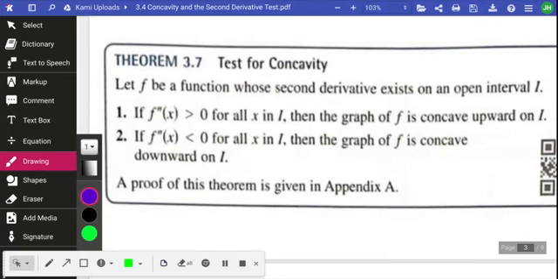So we can test for concavity: if f double prime is greater than 0, then it's concave up, and if f double prime is less than 0, then it's concave down.